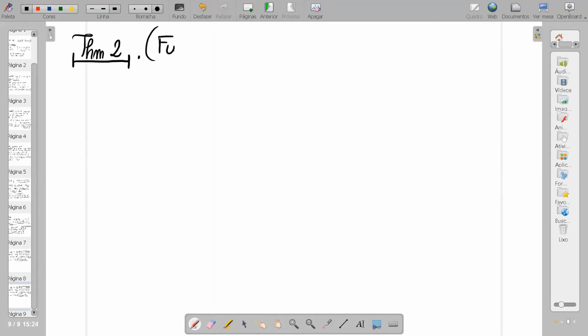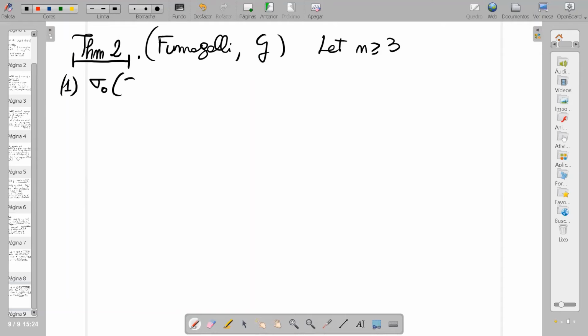Again, this is by Fumagalli and myself. Let n be at least 3. Then we essentially asked what is the sigma_0 of symmetric groups. So sigma_0 of S3 is 4, and the sigma_0 of S6 is 7, okay?